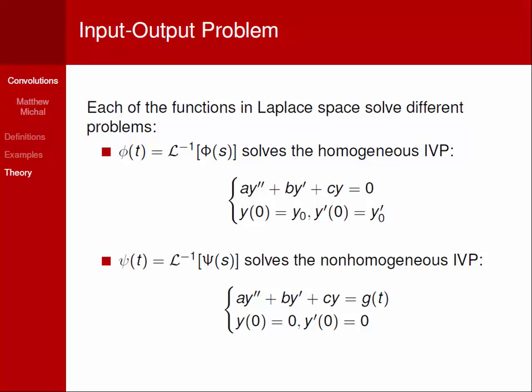So the first one solves the homogeneous initial value problem. The second one solves the non-homogeneous initial value problem. And so we can solve these two problems separately, or you can break your differential equation apart into two separate problems, and add the solutions together.